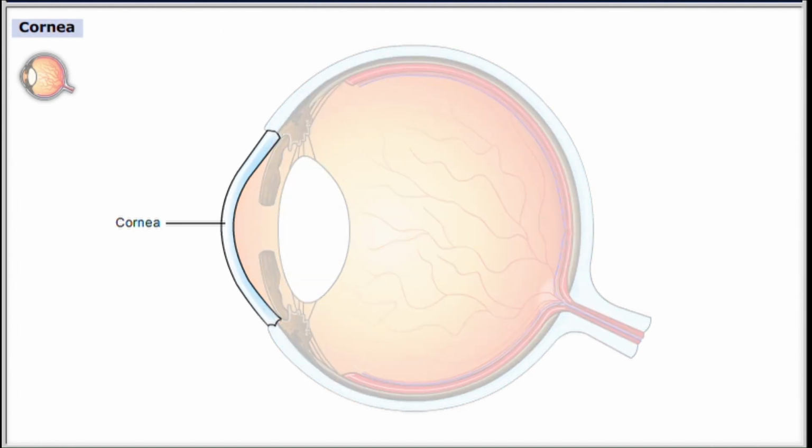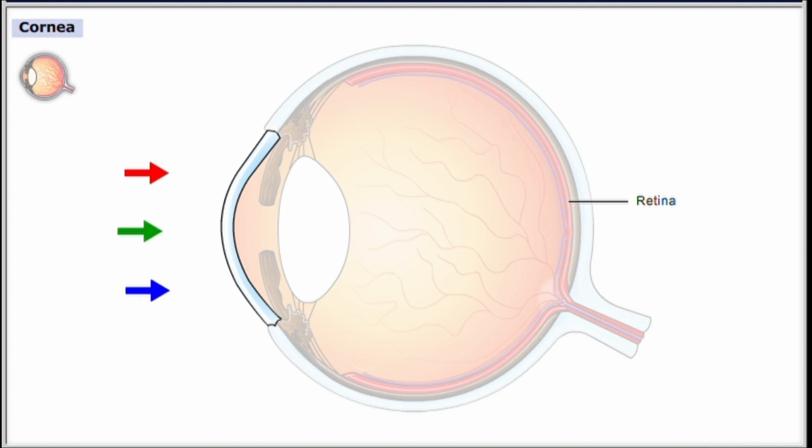This structure is called the cornea. The cornea is the most significant refractive structure of the eye, providing two-thirds of the eye's optical power. After the precorneal tear film, the cornea is the first ocular structure that incident light passes through.